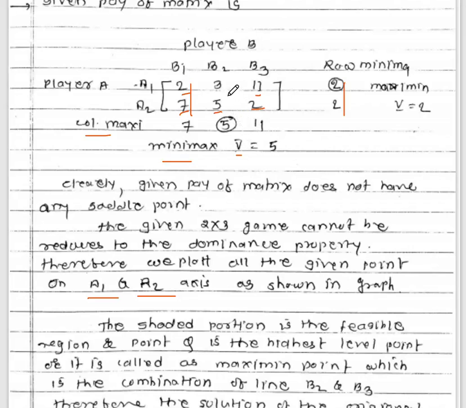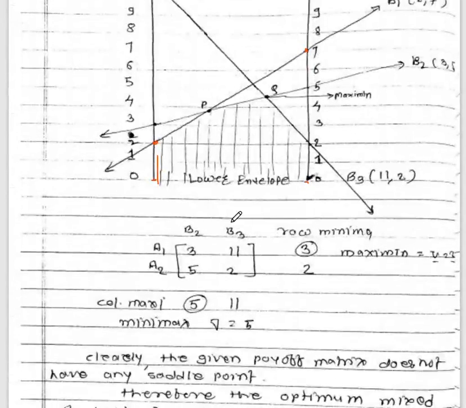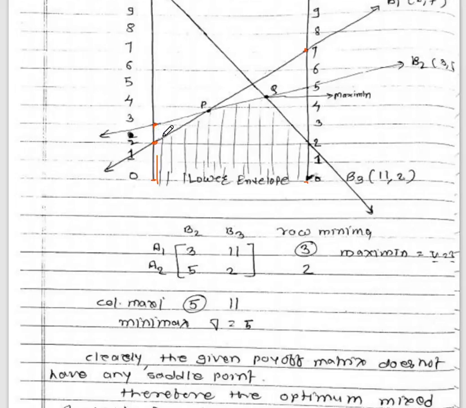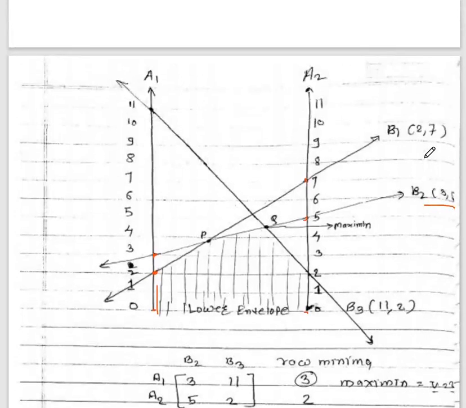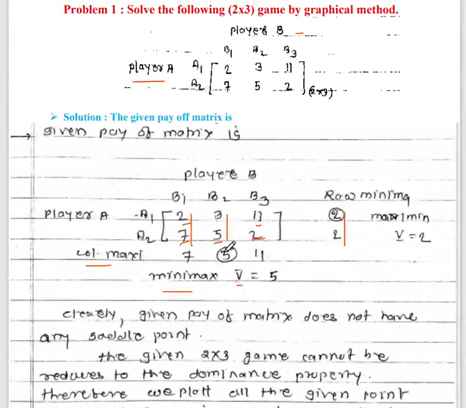Similarly, we will draw the line with a1 as 3 and a2 as 5. This is 3 on the a1 axis, and 5 on the a2 axis. Then we join these points and this line will be b2, that is 3, 5.